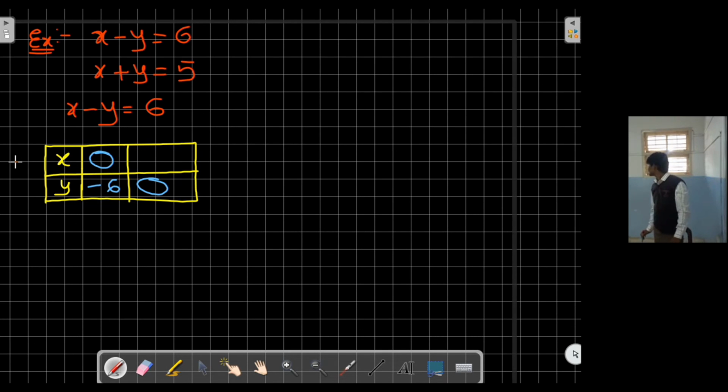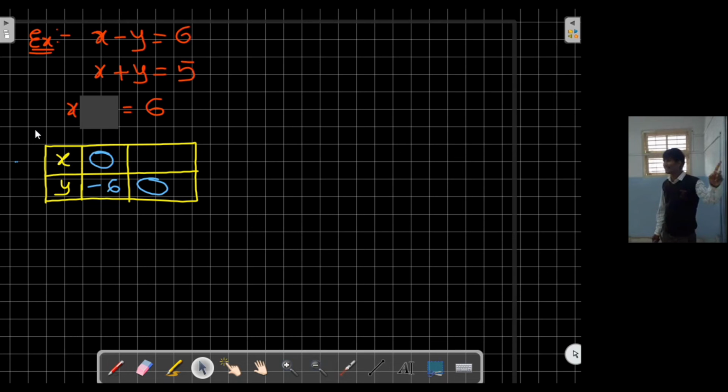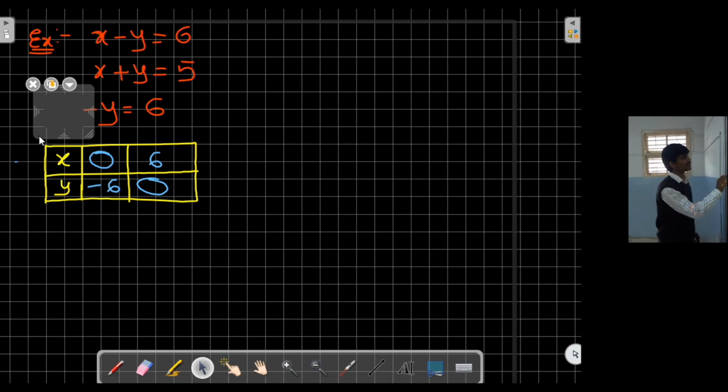Understood here? Suppose if y is gone, what is remaining here? x is equal to 6. Simple. Suppose once again x is gone, what is remaining?